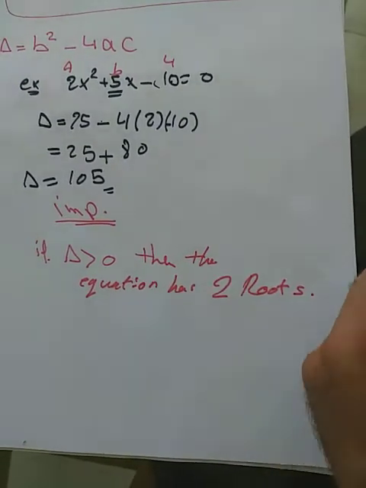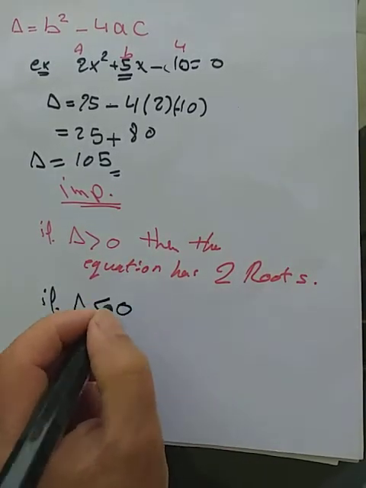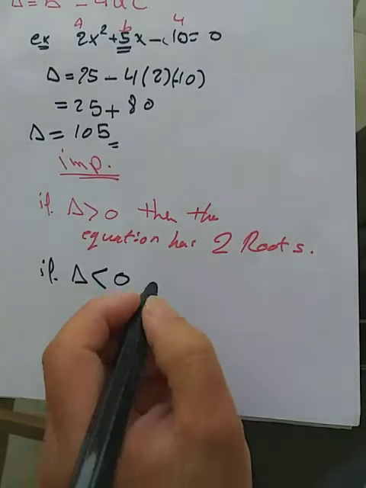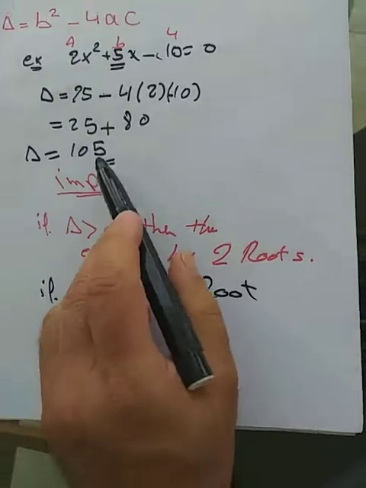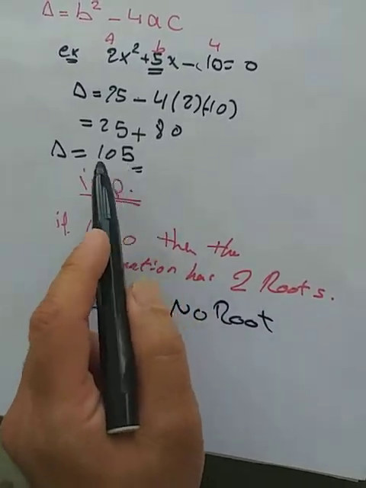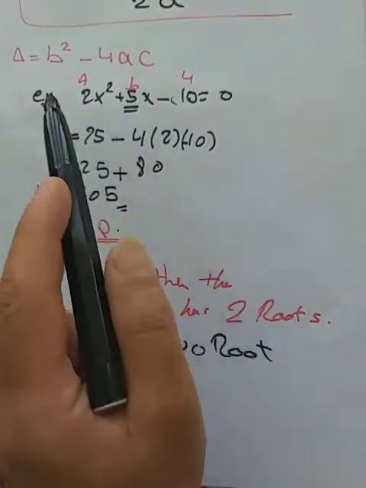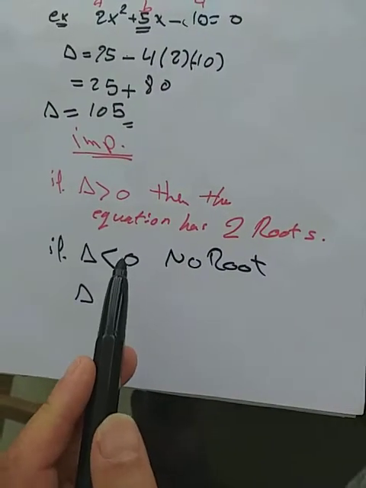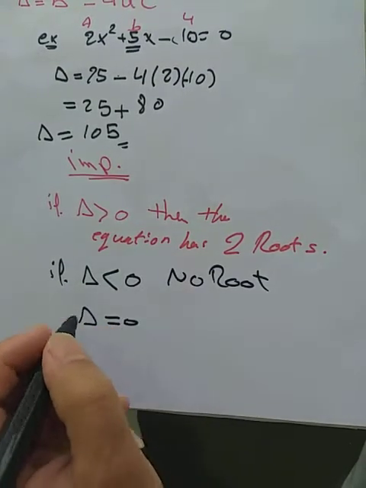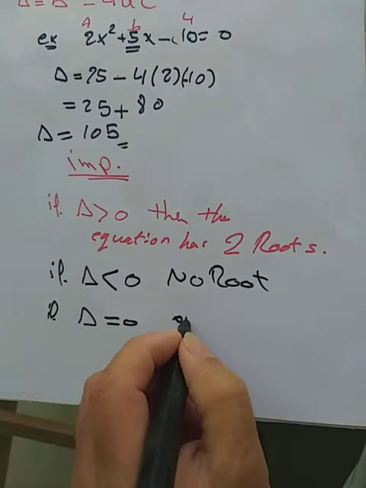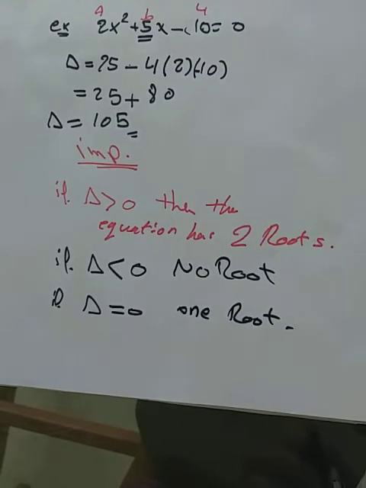What do roots mean? The values of x. If delta, after we find it, is positive, then the equation has two roots, two values for x. If delta is less than 0, no root. If delta is equal to 0, then one root. The function has only one root.